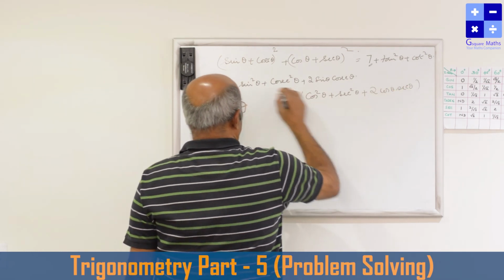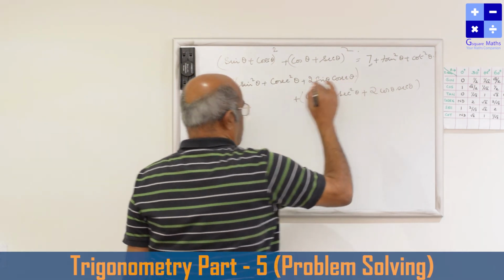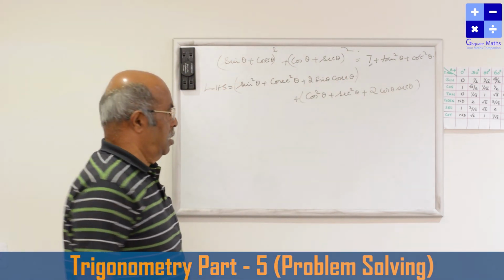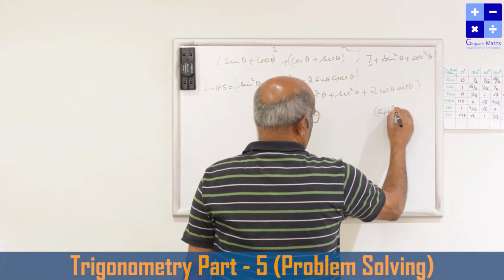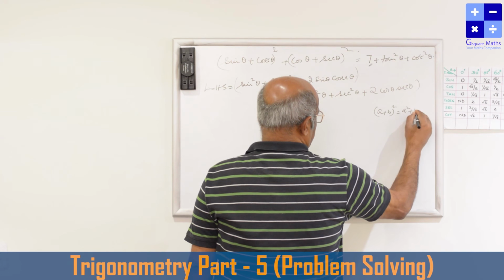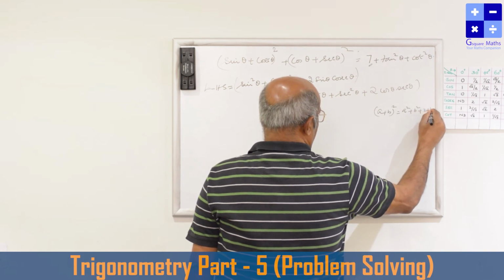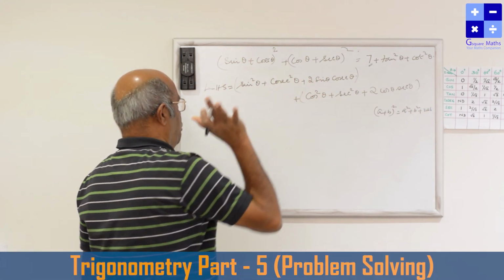What I did, just apply the a plus b whole square formula. A plus b whole square is equal to a square plus b square plus 2ab. I applied just the a plus b whole square formula only.